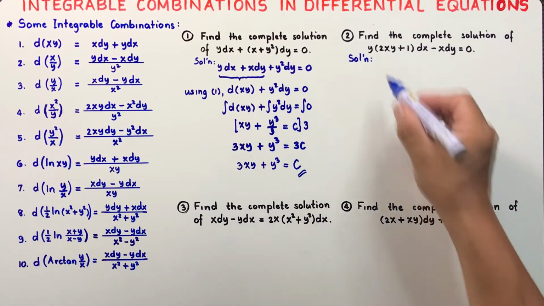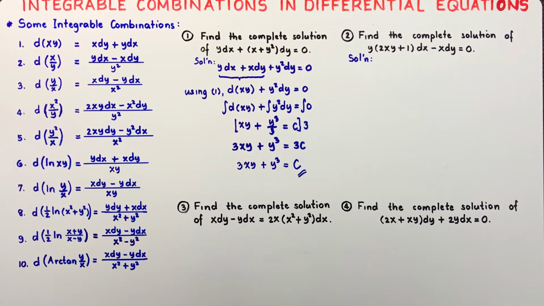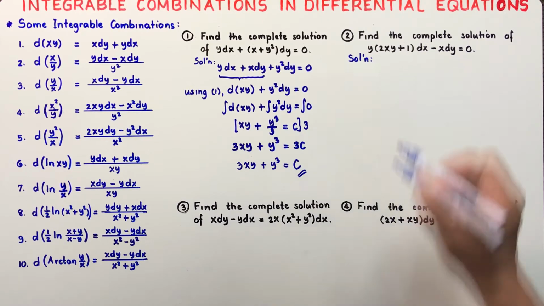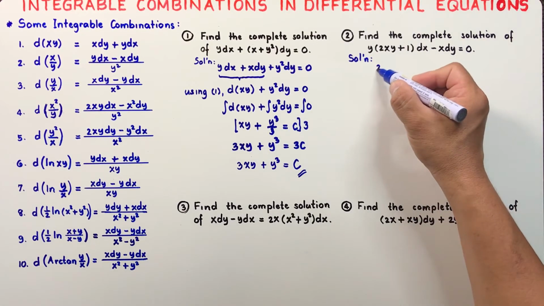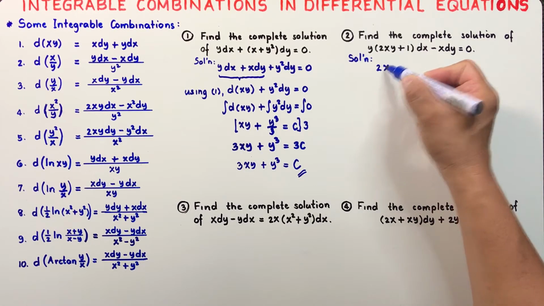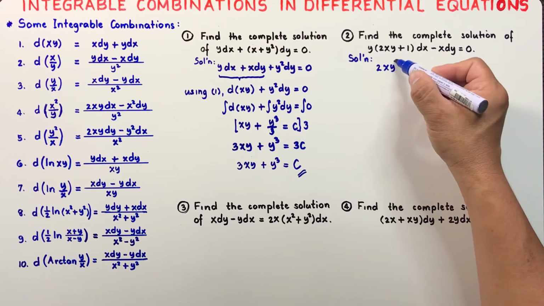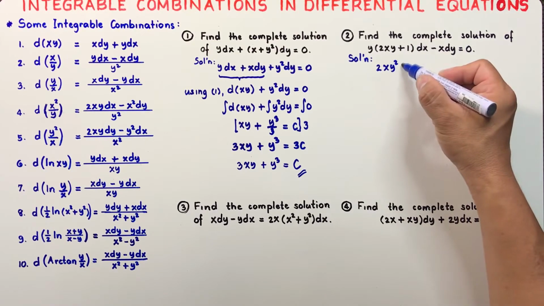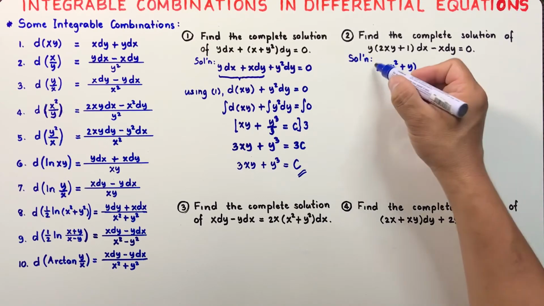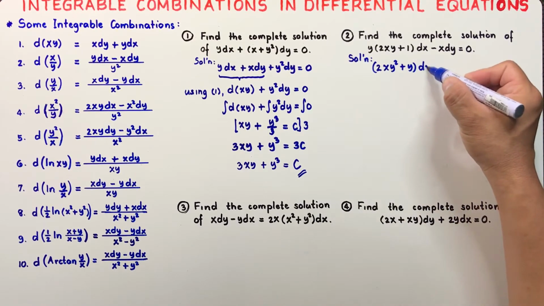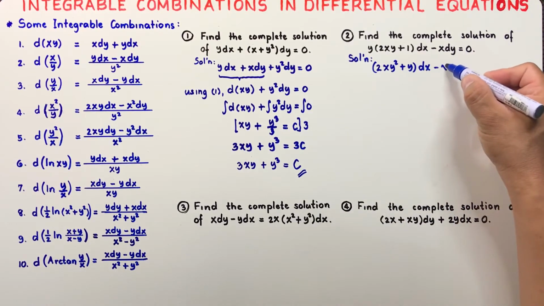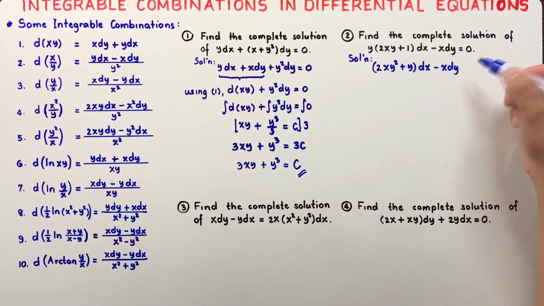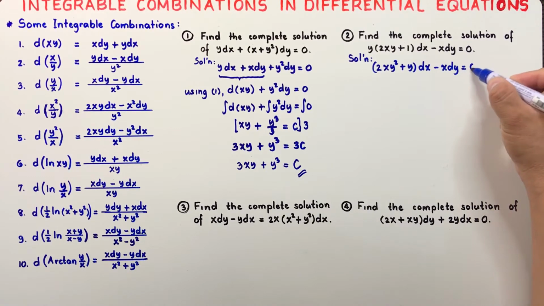Now this differential equation, it is maybe very difficult to find its integrable combination. However, if you distribute this y to each term in the binomial, we have 2x y squared plus y times dx, which is subtracted by x dy, which is equal to 0.